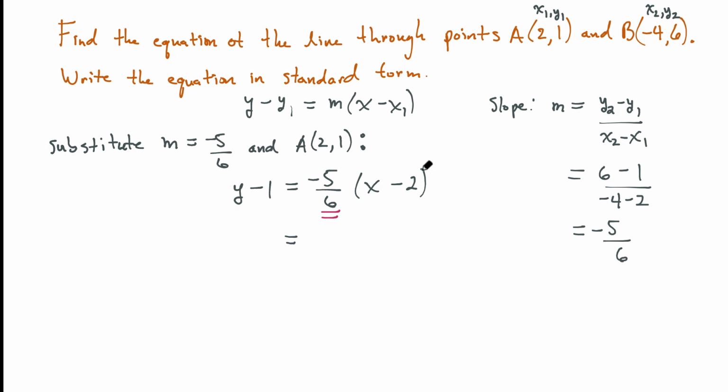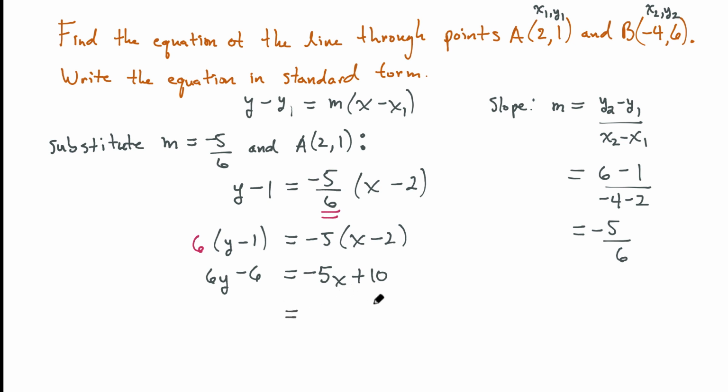If I do so, I have 6 times y minus 1 on the left side, and that's equal to -5 times 6 divided by 6, which would just be -5 on the right side. So we'll have -5 times x minus 2. Now we can distribute on both sides, and we'd have 6y minus 6 is equal to -5x plus 10.